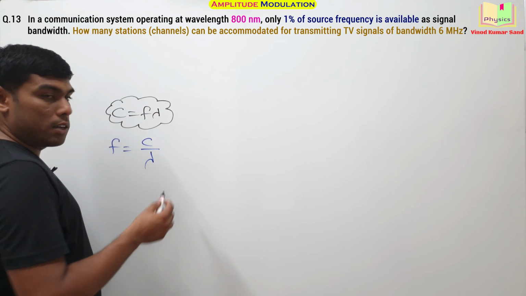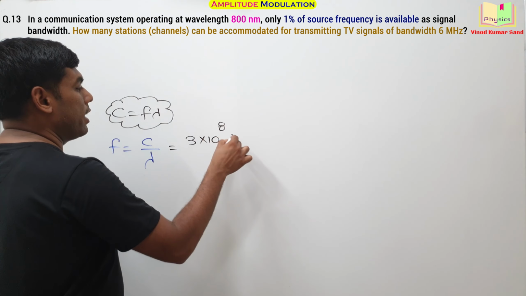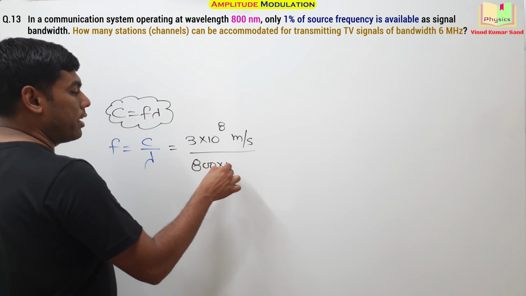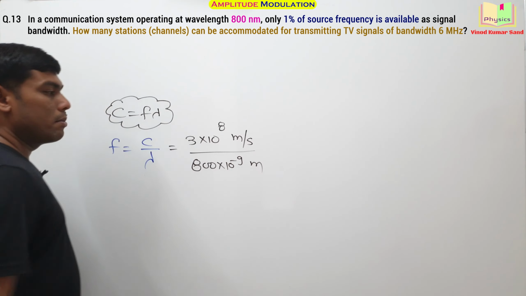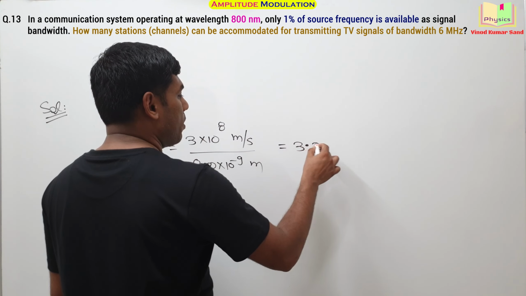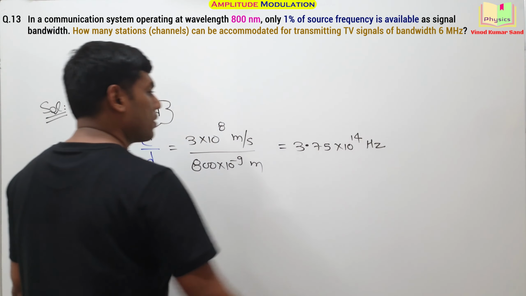We'll put everything with the proper SI unit. So C is 3 into 10 to power 8 meter per second. Lambda is 800 into 10 to power minus 9 meter. Got it? This gives us the frequency 3.75 into 10 to power 14 hertz.